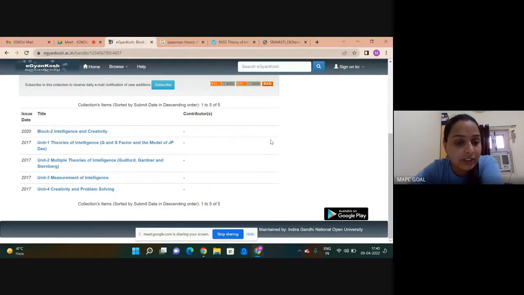Then unit 3 is about measurement of intelligence. From the name itself, we can understand that measurement of intelligence is about the standardized psychological tests on intelligence and how we can measure it. So we have Wechsler's Adult Intelligence Scale, Wechsler's Intelligence Scale for Children. Then in the Indian context we have the Bhatia battery, and there are various other tests that have been developed in the Indian context.